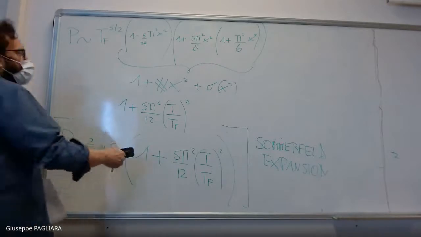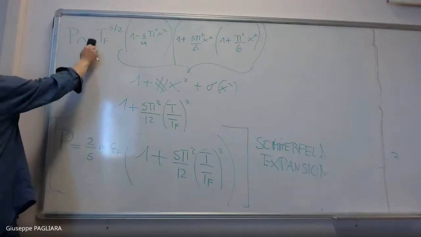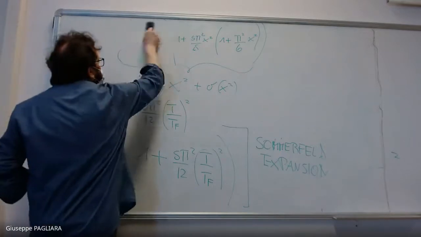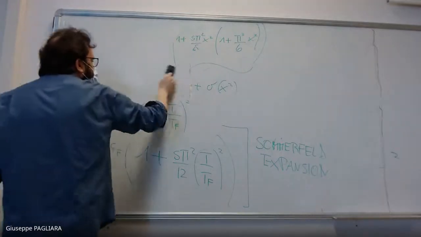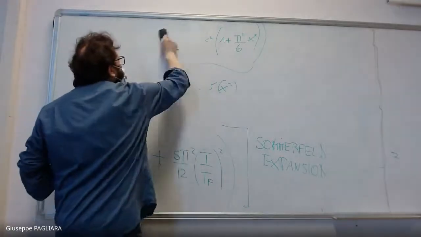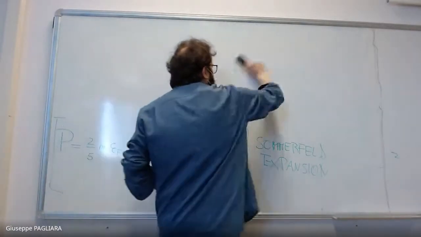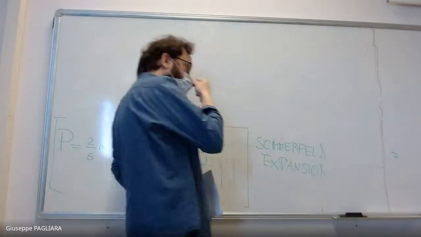One can go on and expand the quantity 1 plus t to nu to the power of 5 out. You can expand and keep other terms, and you will get all the corrections to the equation of state, or to the relation between mu and the Fermi energy, at finite temperature.